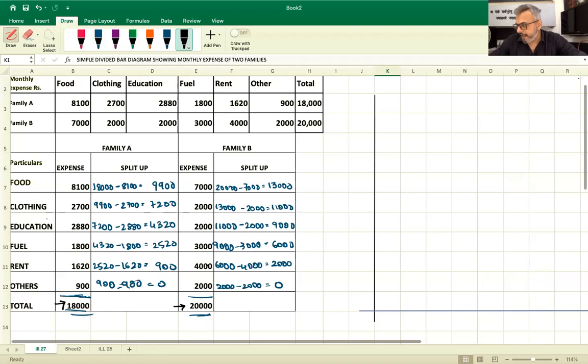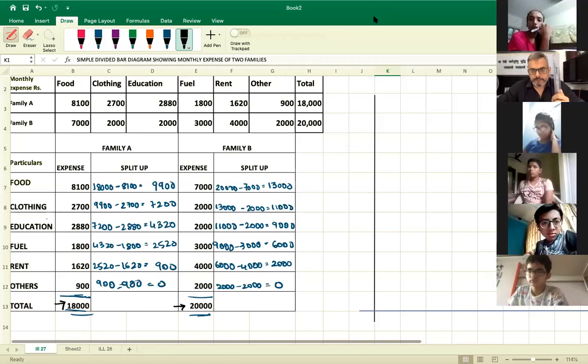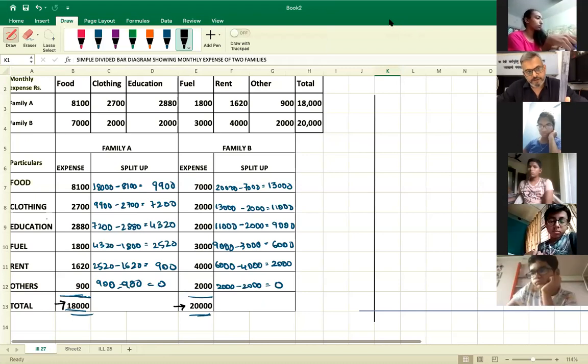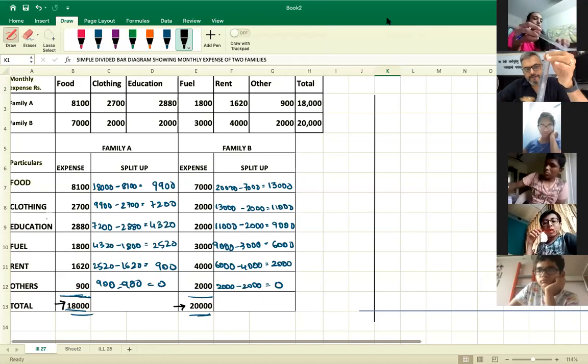Now if you take in your scale, pay attention to the screen please. If you take 1 centimeter is equal to 1,000 rupees, you will have to go up to 20 centimeter. So you have to see that in the graph there will be a bar of 20 centimeter.